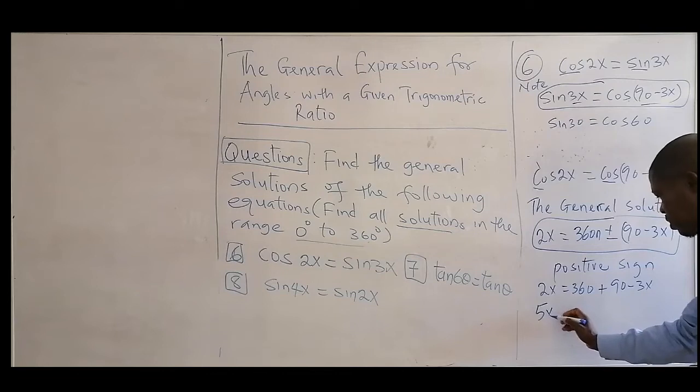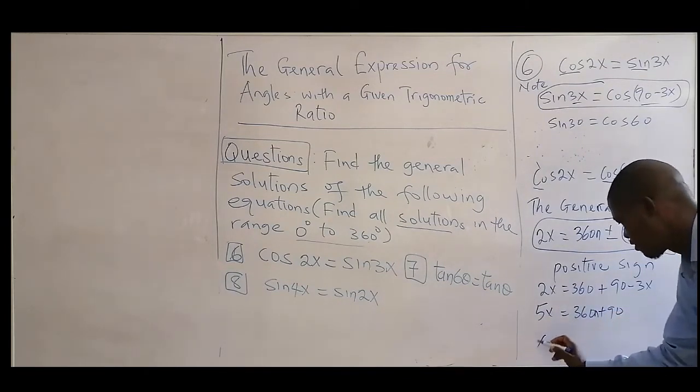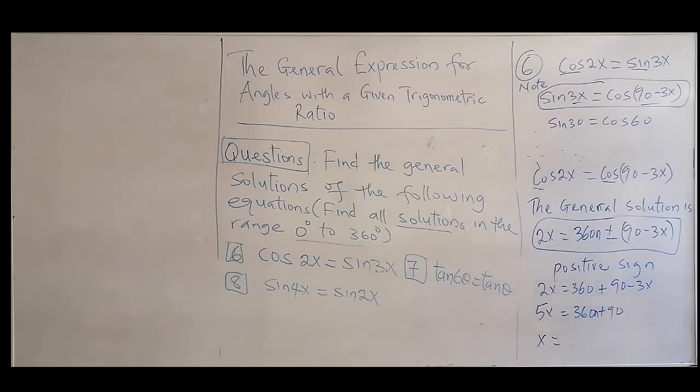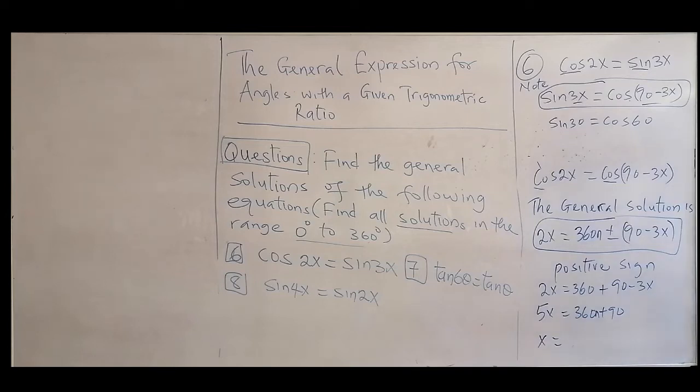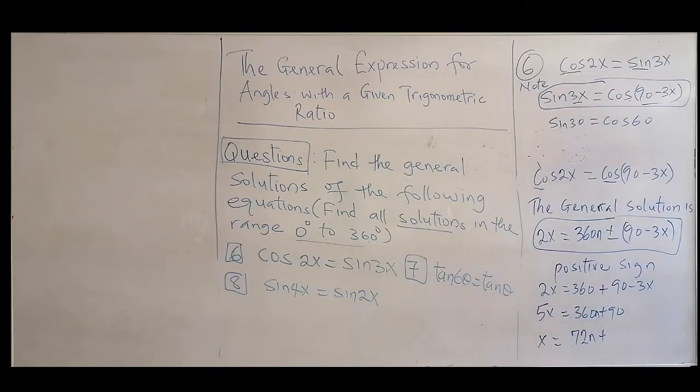So we have 5x equal to what? 360n plus 90. And then x will now become 360 over 5, 72n, plus 90 divided by 5, we have 18. So that's for the positive one.